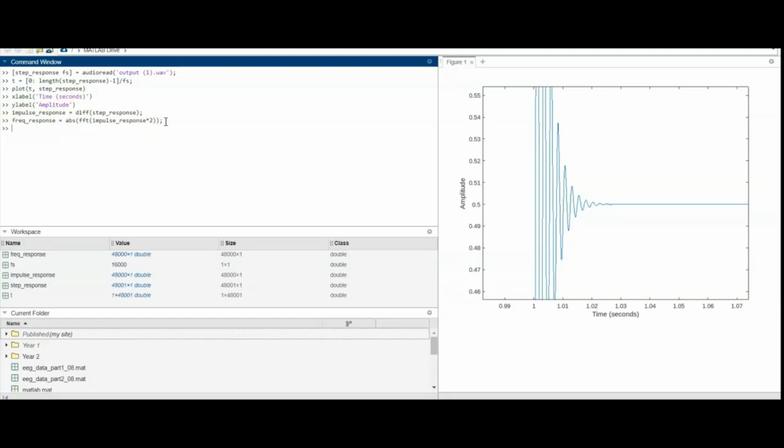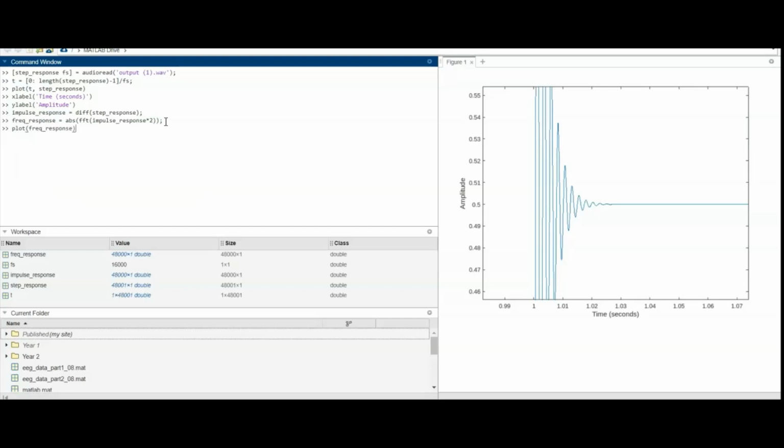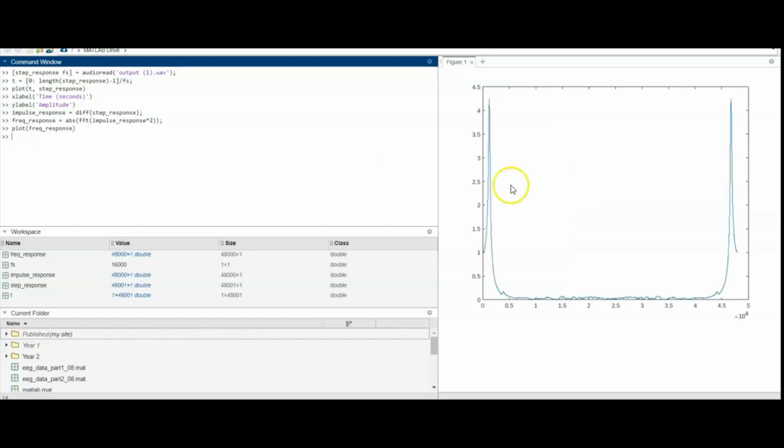So now we're just going to plot this. So plot frequency_response and see what we get out. Yeah, so we get out this graph here, but we have it in bin numbers on the x-axis.